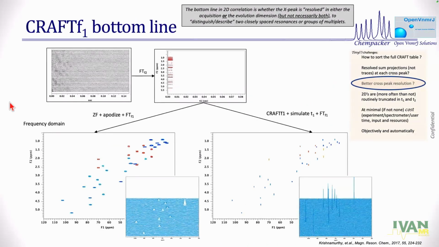So that's it. So bottom line is the cross peak is resolved in either. If the cross peak is resolved in either acquisition or evolution dimension, it doesn't have to be necessarily both, you can distinguish and describe a cross peak.